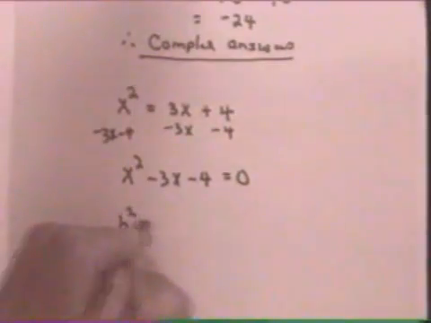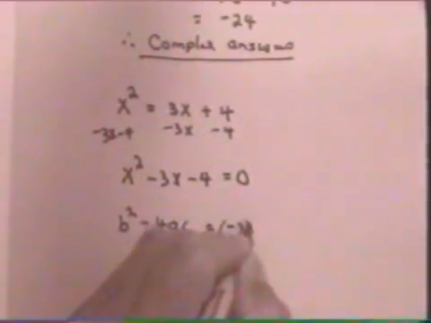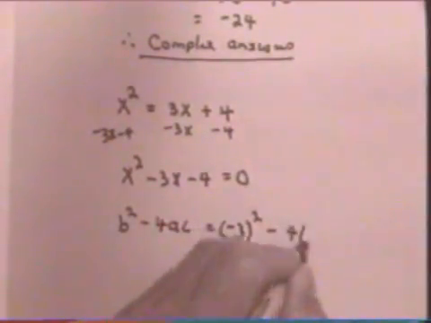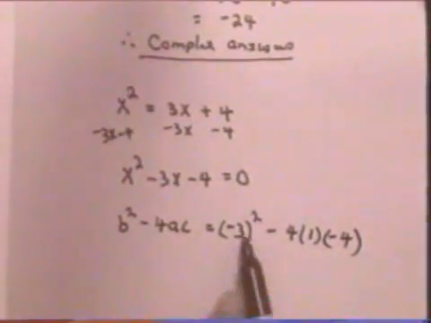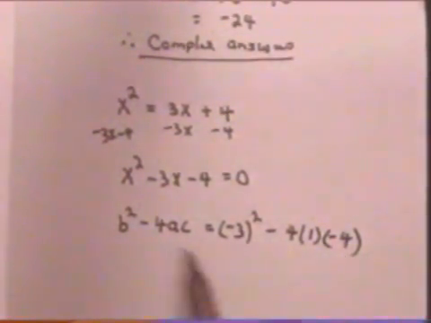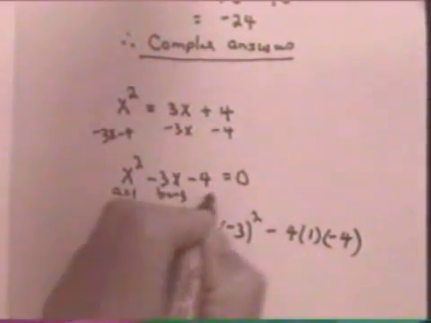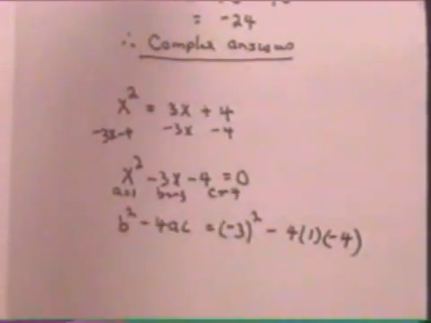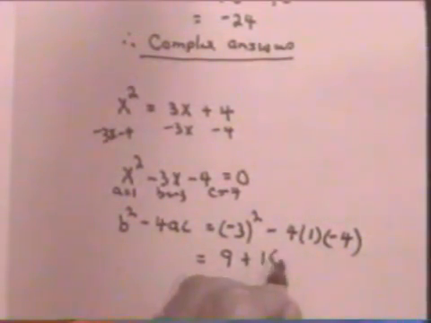The discriminant is b squared minus 4ac. So it would be negative 3 squared minus 4 times 1 times negative 4. Notice that a is 1, b is negative 3, and c is negative 4. That would be 9 plus 16.